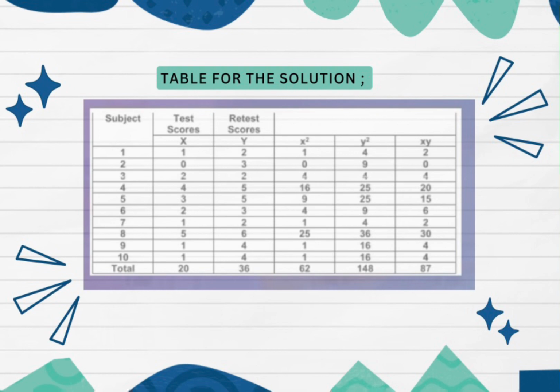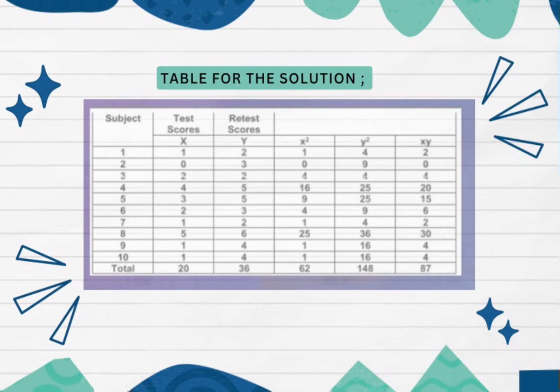To know the value of x squared, we will multiply the test scores of the students in the x line, or the second vertical line, by themselves. And for y squared, the same process is used as in finding the value of x squared. For xy, you will just multiply the score in x and the retest score of the student in line y to find their value. For every vertical line, you will add up the total score.